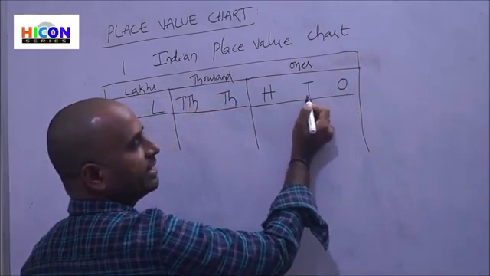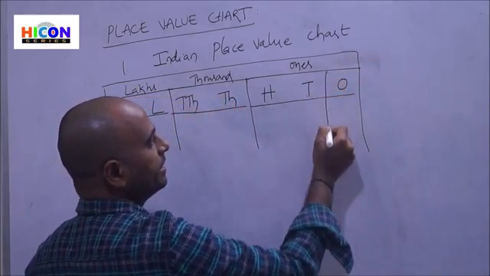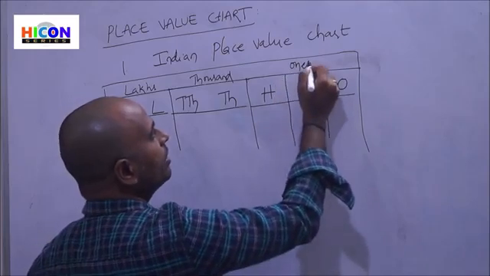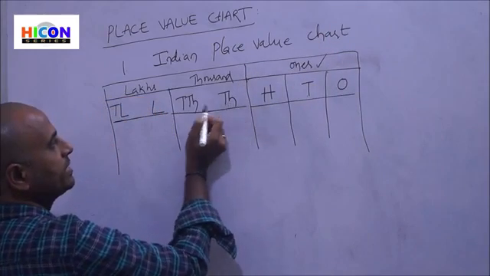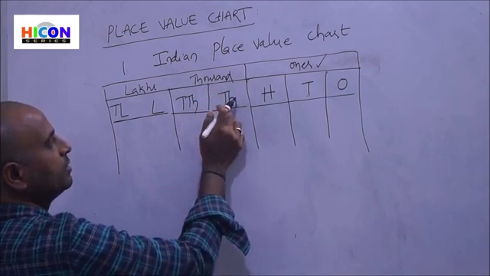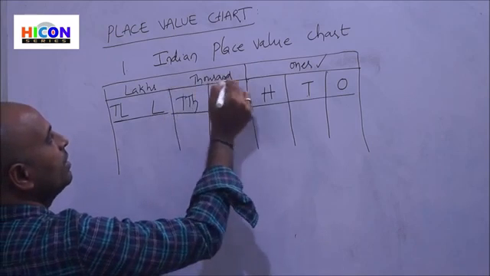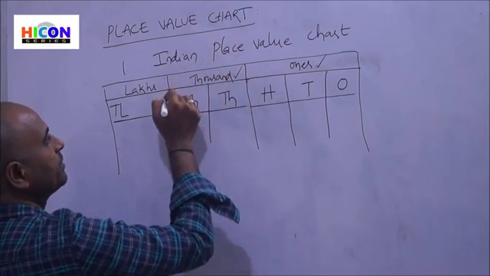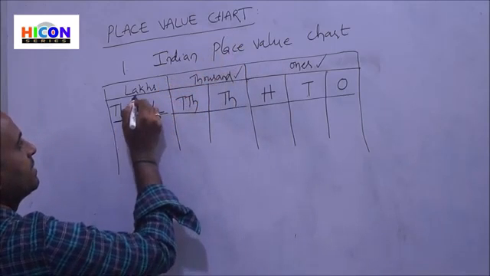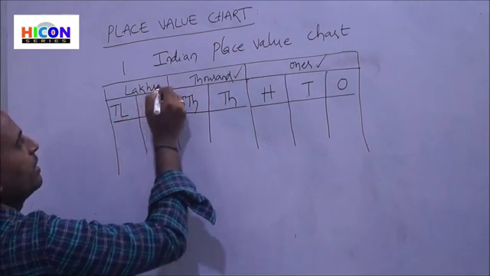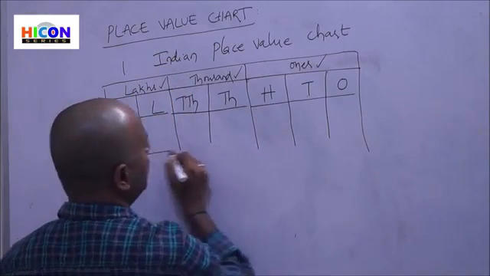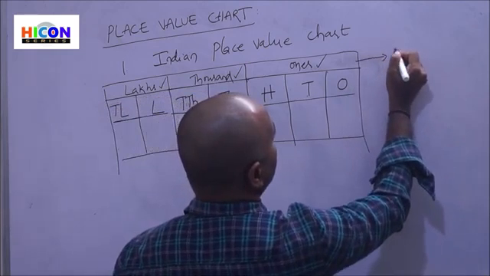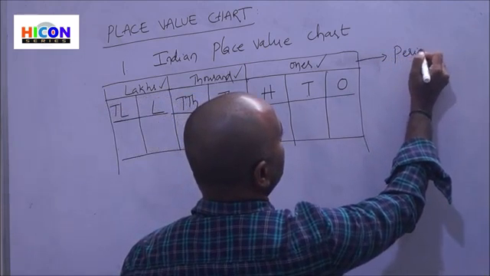So ones, tens, hundreds, these three places together are called ones period. Thousands and 10,000s, these two places together are called thousands period. And lakhs and 10 lakhs together are called lakhs period. So these are called periods and these are called places.